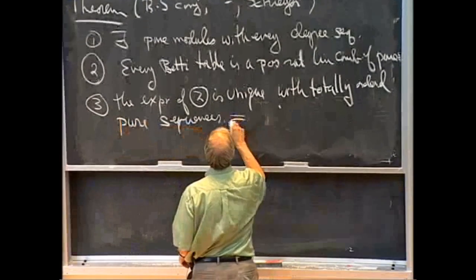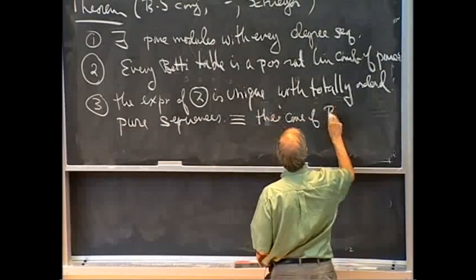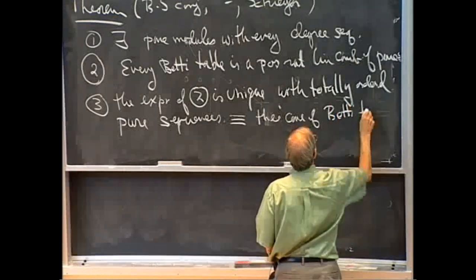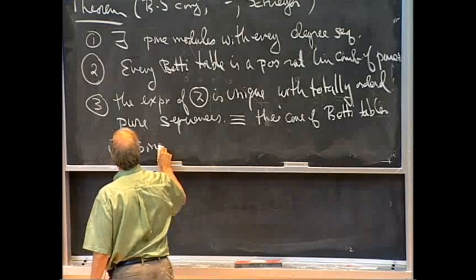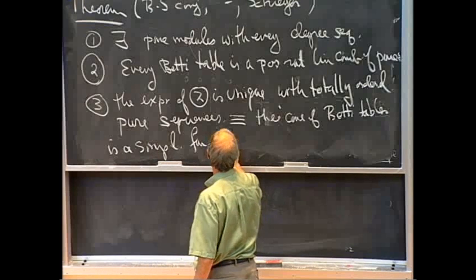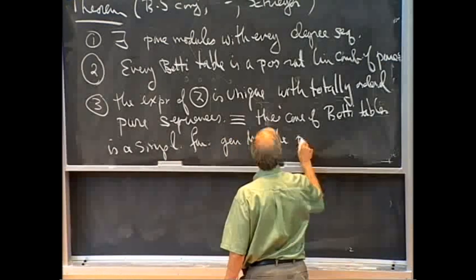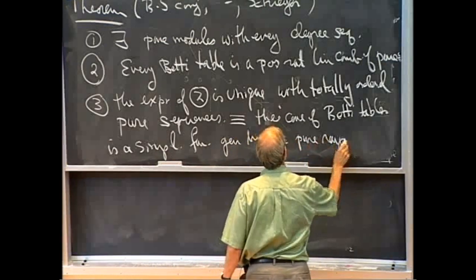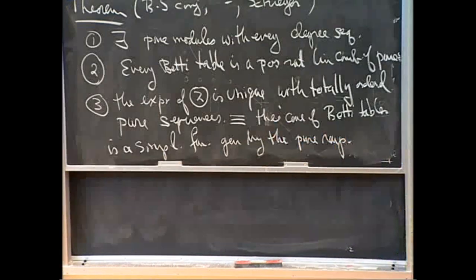So equivalently, the cone of Betti tables is a simplicial fan generated by the pure rays. An equivalent statement. There's a third statement which makes this whole situation attractive too, which is the greedy algorithm works.